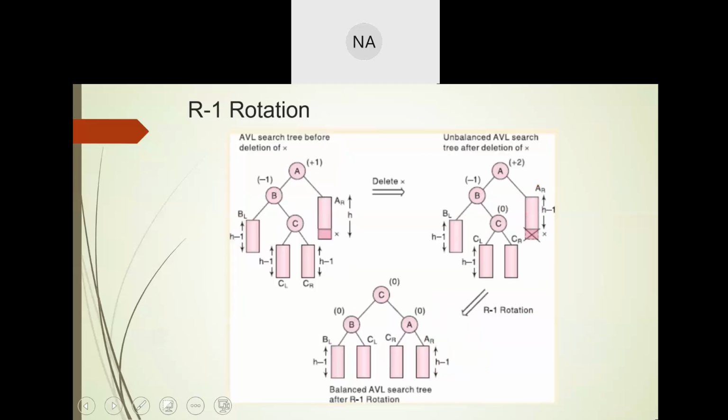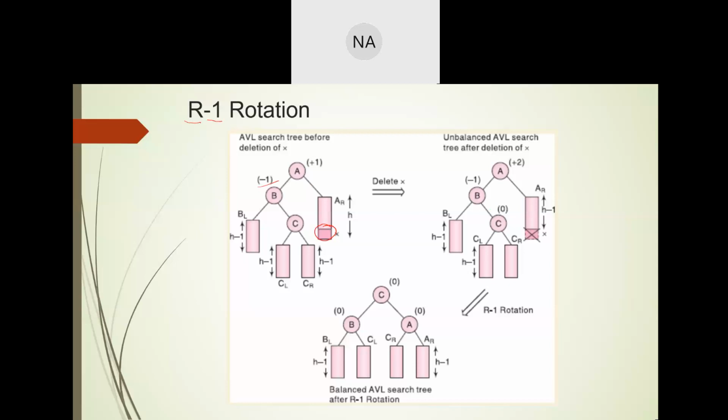Now R-1 rotation. The deleted node is in the right subtree, but the balance factor of node B is equal to -1, where node B is the root of the left subtree. So the node is deleted from the right subtree of A and the balance factor of B is -1. So R-1. How will R-1 rotation be performed? You identify node B and node C also.